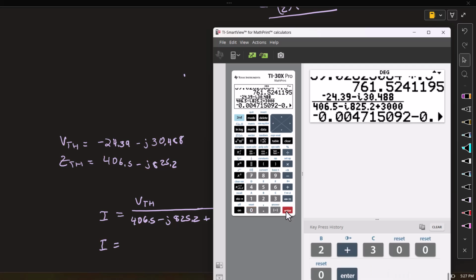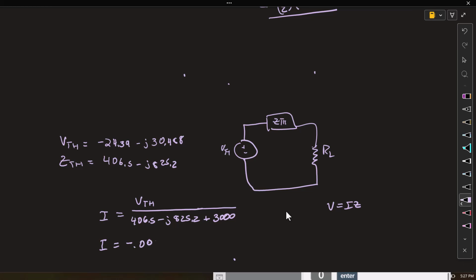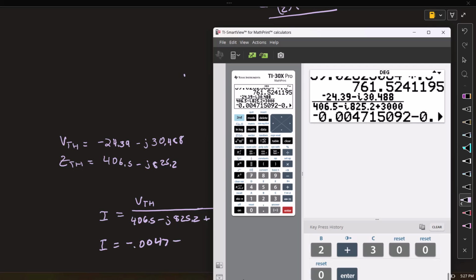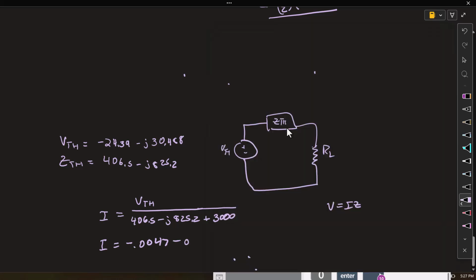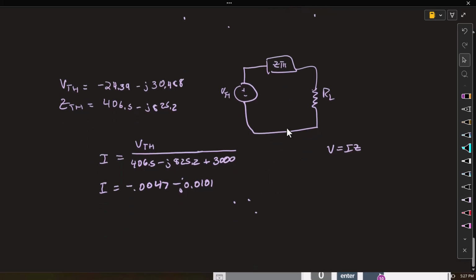So I get whatever current that is, minus 0.0047 minus J0.0101.